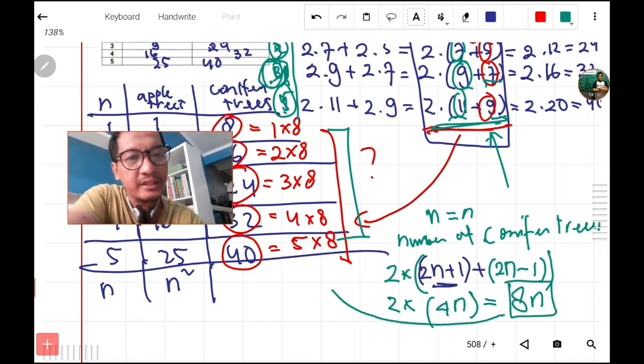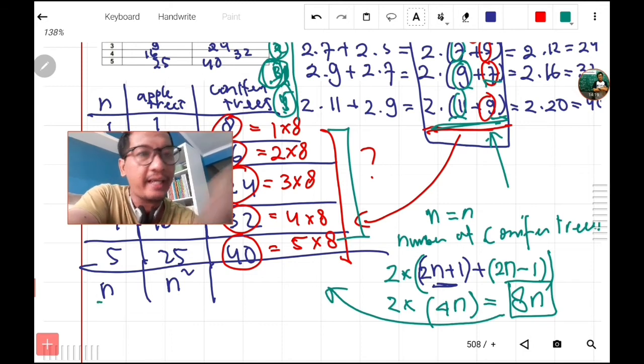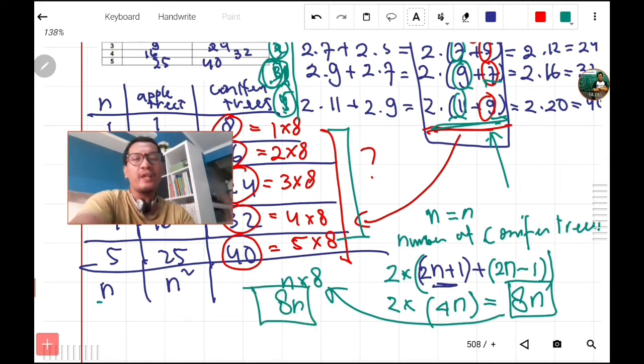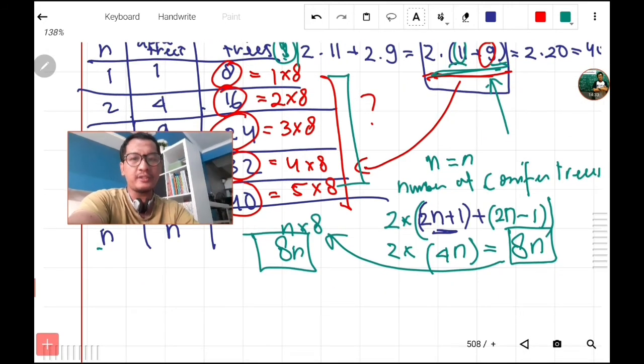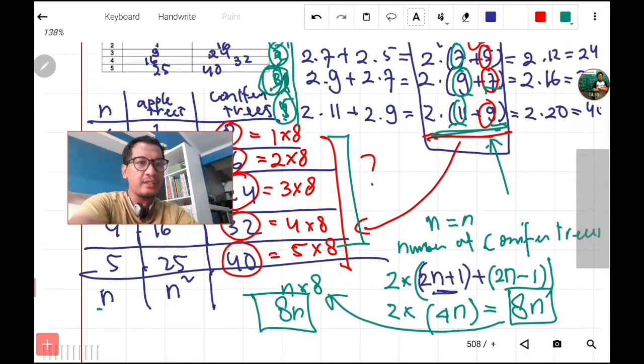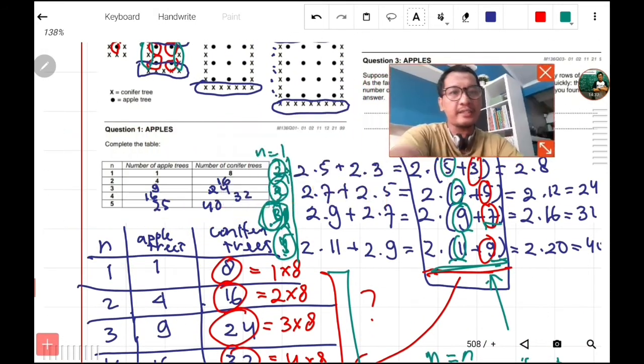Correct. We have proven the pattern is the same. Okay, continue to the next question.